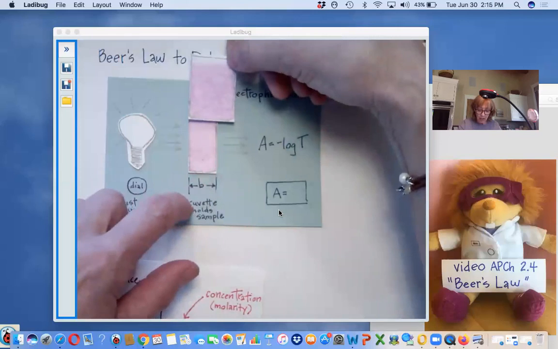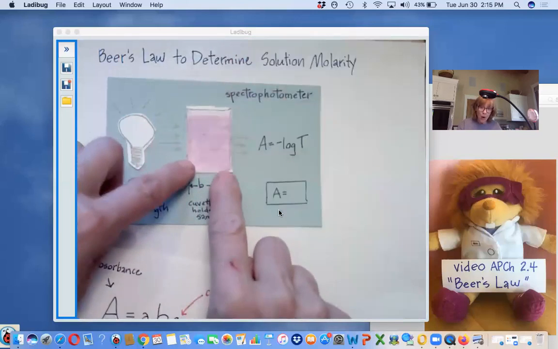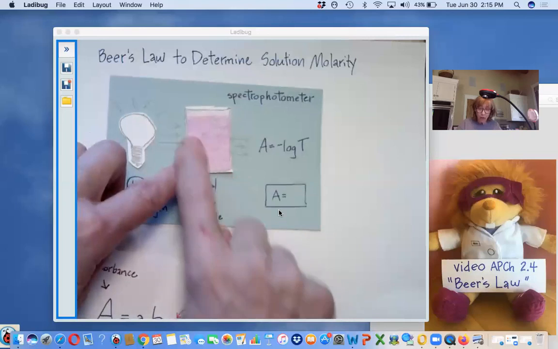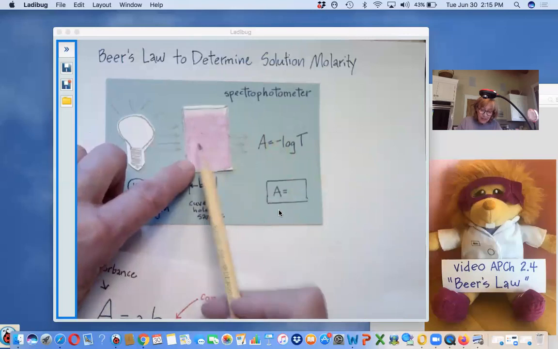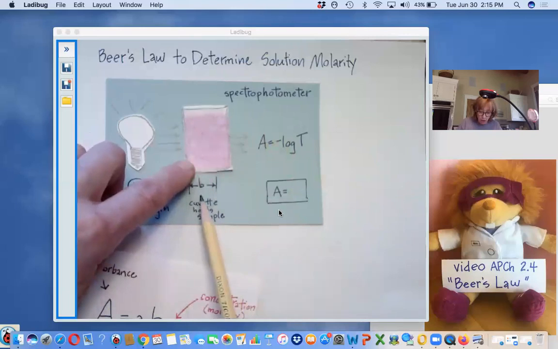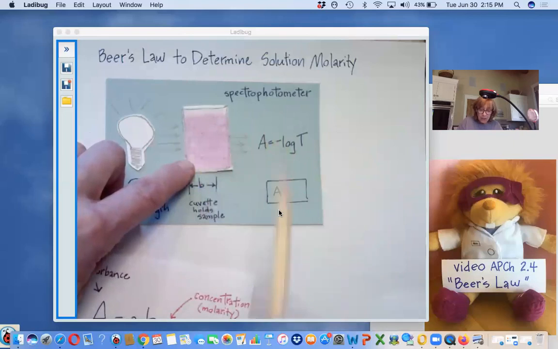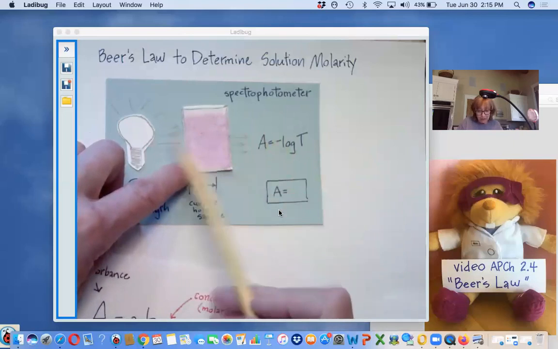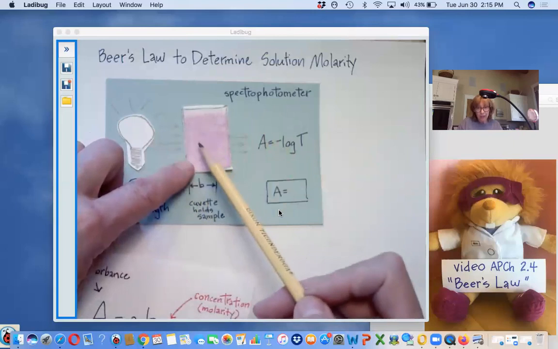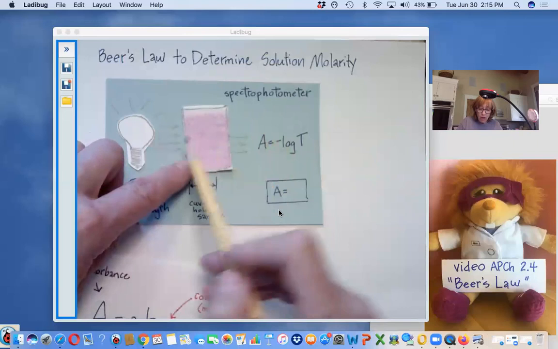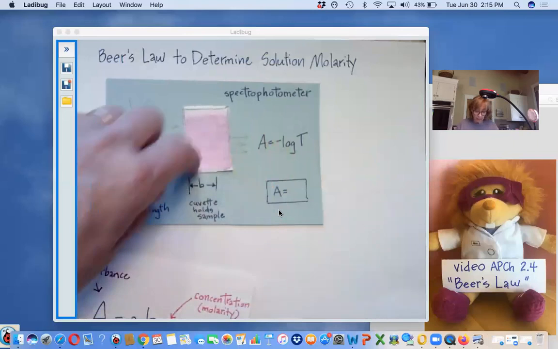It's the same concentration, but I'm using a wider cuvette with a longer path length. Can you just intuitively see that in this wider sample with a longer B path length, there would be more colored molecules that this light would bump into and have a chance to be absorbed by. So the longer the path length, the greater is going to be the absorbance.